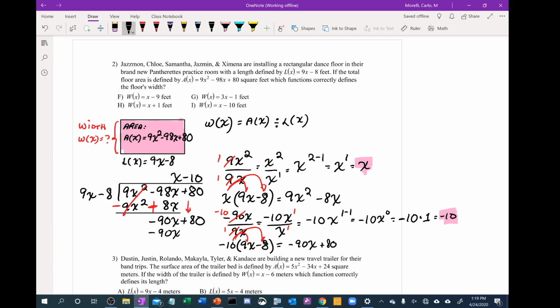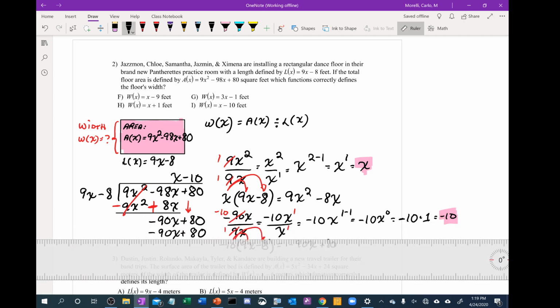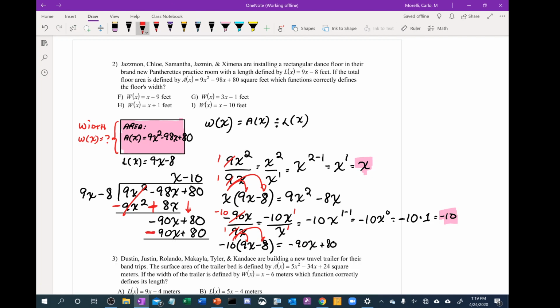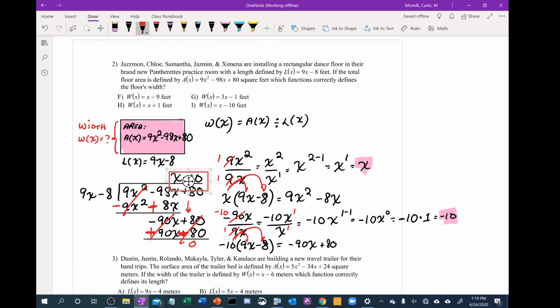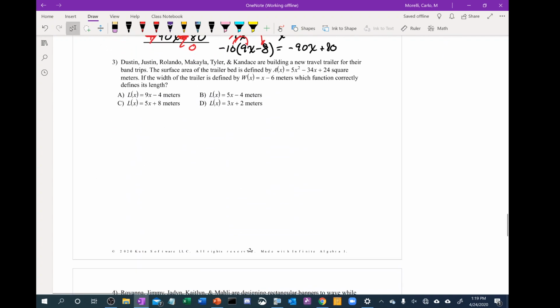Negative 90x plus 80. And now we draw a line, and we change both of our signs. They both cancel. No remainder. So here's your quotient. This is the width. W of x equals x minus 10. And we're ready to move on to number 3.